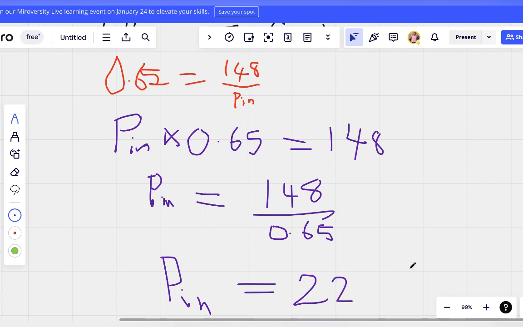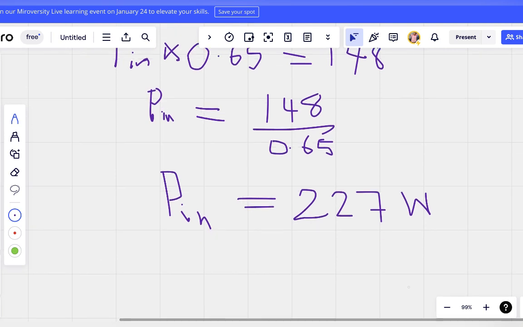227 watts. Point something, right? In physics, in IGCSE, they always round it to the nearest 10. So if you leave it like this, you are right. Sometimes in the exam paper, you see 230. It doesn't mean you are wrong, okay?